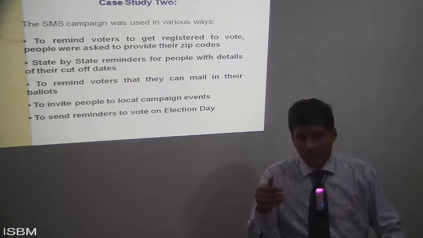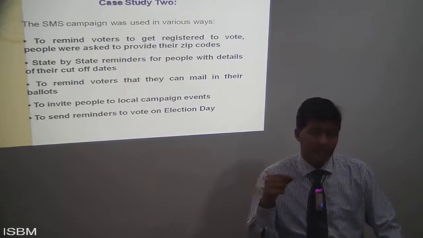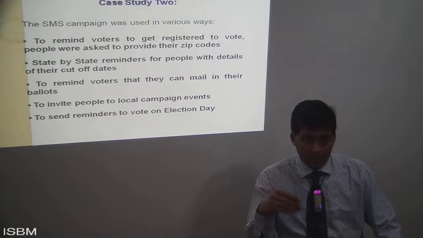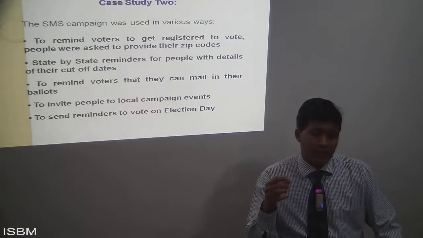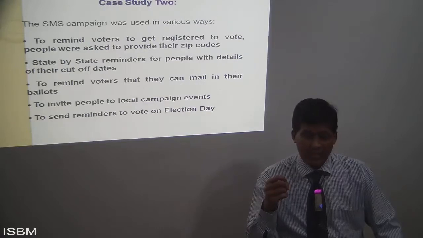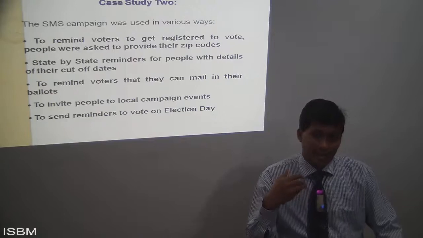Once they were in the bracket of voting age, they helped them register. People were asked to provide their zip code so that it could be facilitated more smoothly. State by state reminders with details and the cutoff dates were declared and facilitated, which was a kind of guiding process.